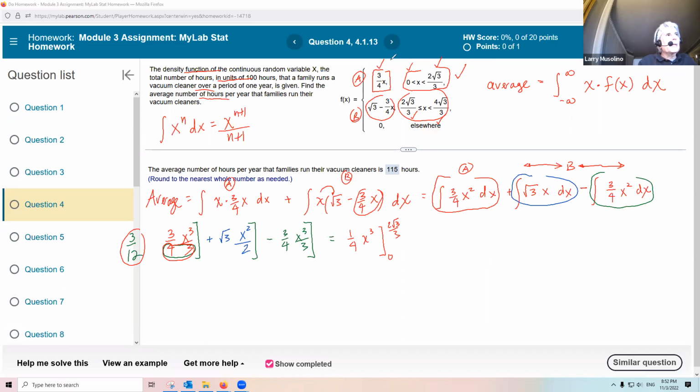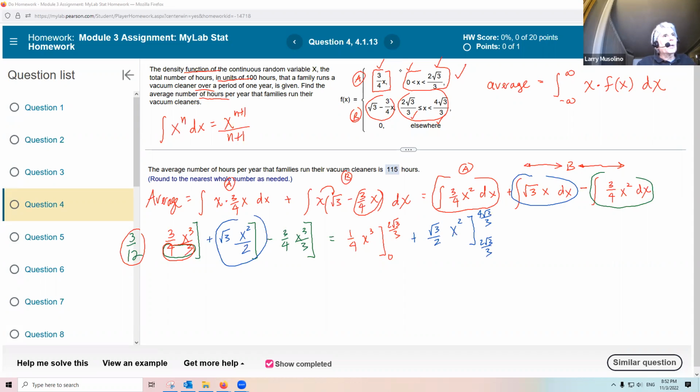All right, let me go to the next part right here. So this is going to be the square root of 3 over 2 x squared. And the limits here are 2 square root of 3 over 3 on the bottom and 4 square root of 3 over 3 on the top. So these are messy limits, but let's keep going.